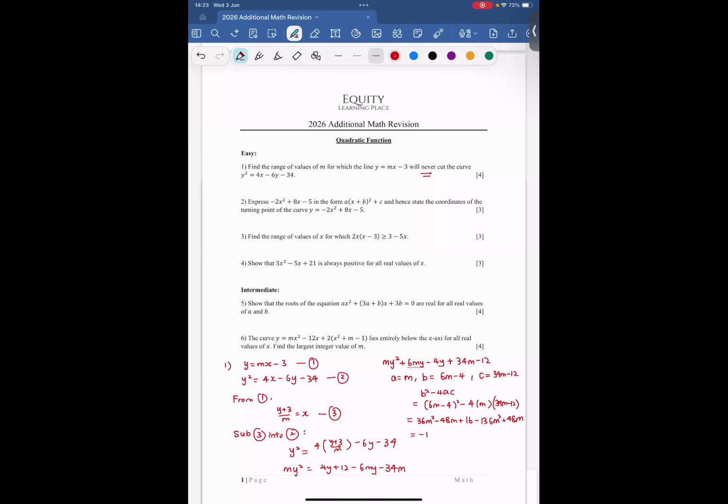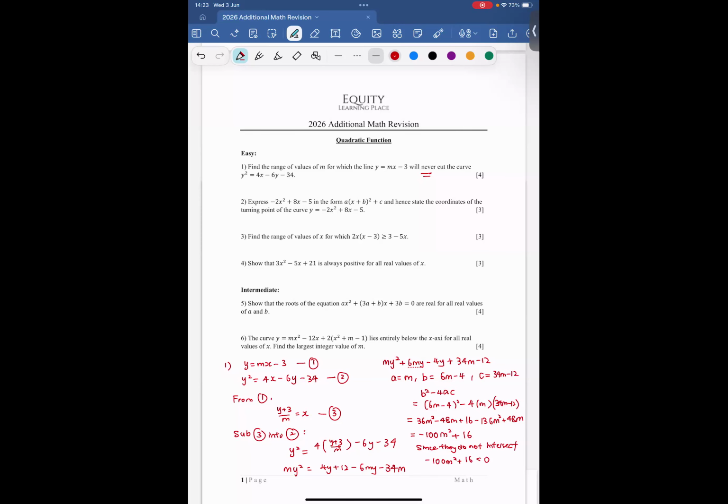This will be negative 100m square plus 16. Okay, so since they do not intersect, then I will have minus 100m square plus 16 equals to 0.